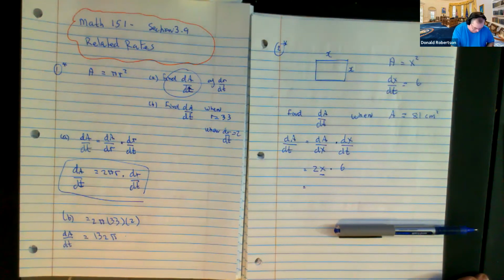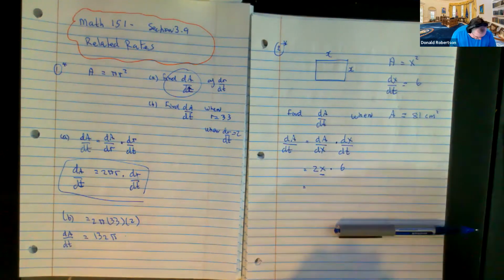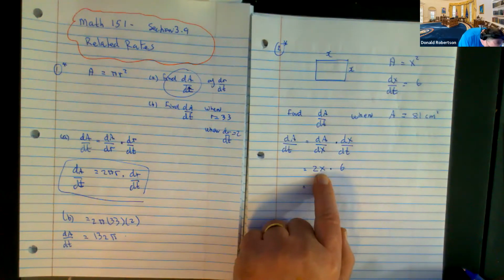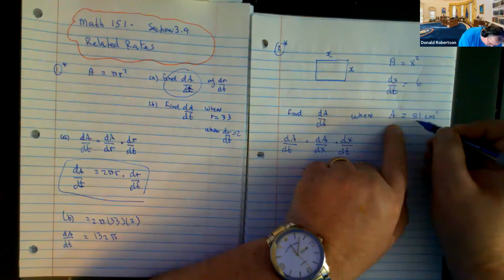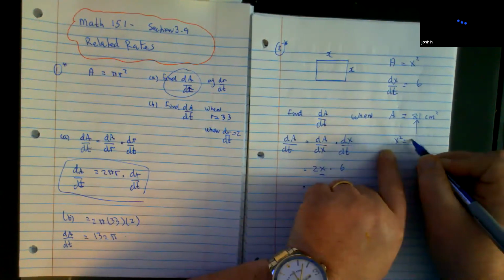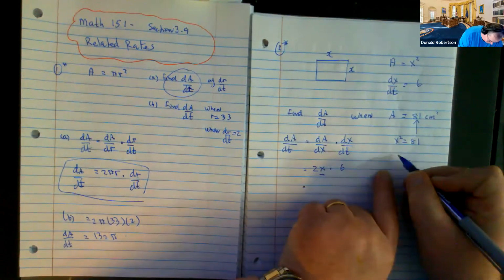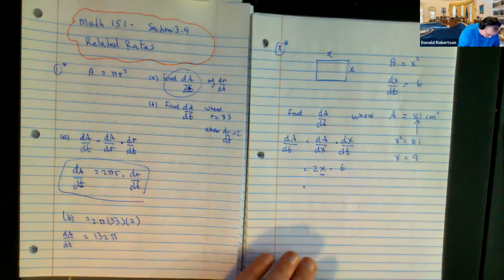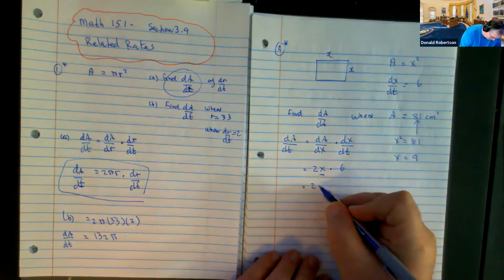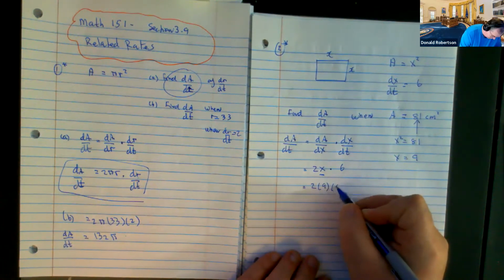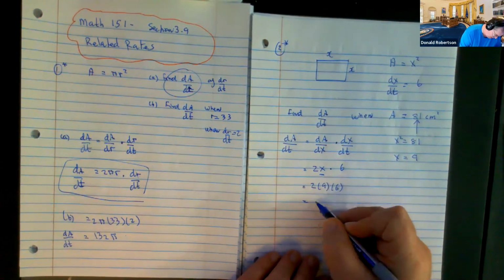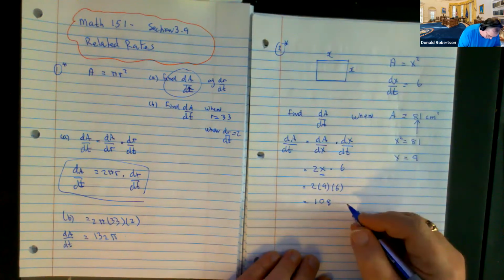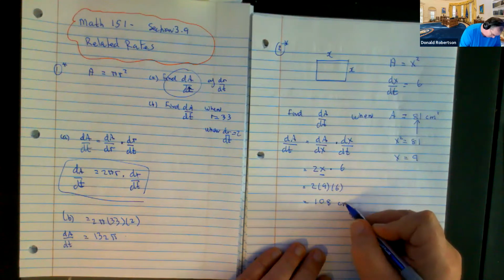In this case, we're being asked to find out what this is equal to, right? And that means we need to find x, but they gave us this. But since the area is x squared, isn't that just a disguised way of telling you x is 9? And so 2 times 9 times 6, which I believe is 108. And the units here are square centimeters per second.